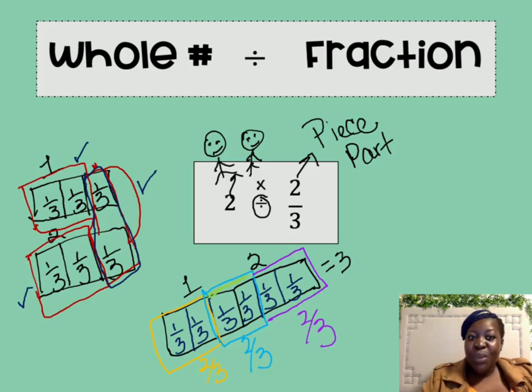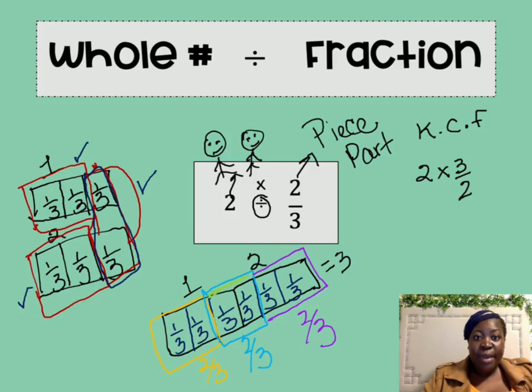So what we can do is there's a method called the keep, change, flip method, where you keep your 2, you change from division to multiplication and you flip your fraction to make it equal to 3/2, then you can multiply this. And let's see if we get some kind of number that we already have.